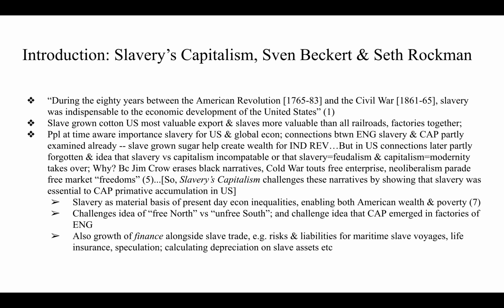That was true, maybe, for some people, but the idea of a free North versus an unfree South in general is untenable, as we will see. The North was highly invested in the maintenance of U.S. slavery in the South, as was the entire global capitalist economy.